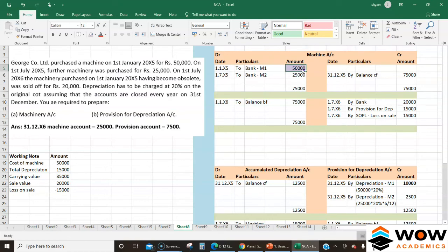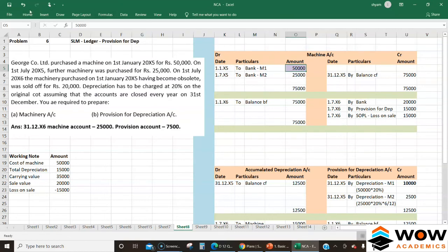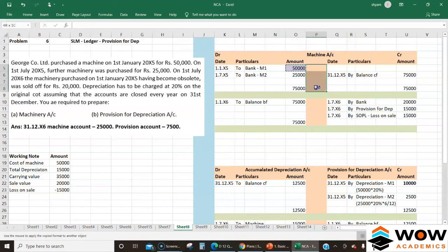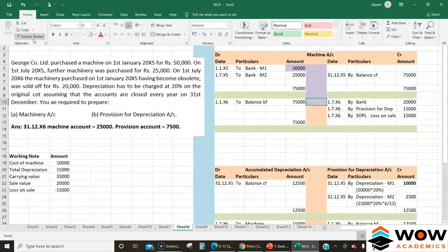Look here, the value adds up to these numbers.